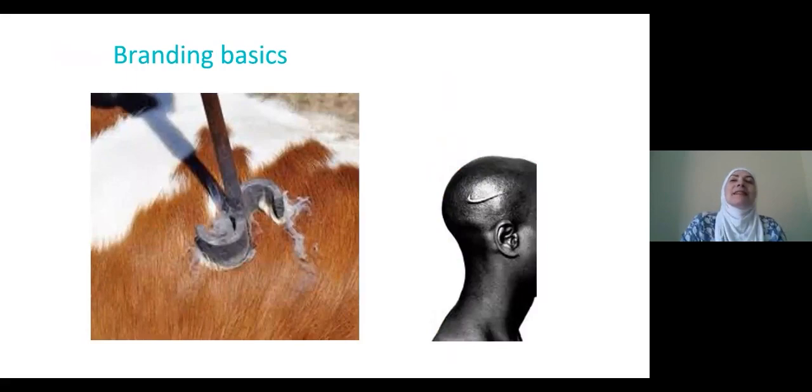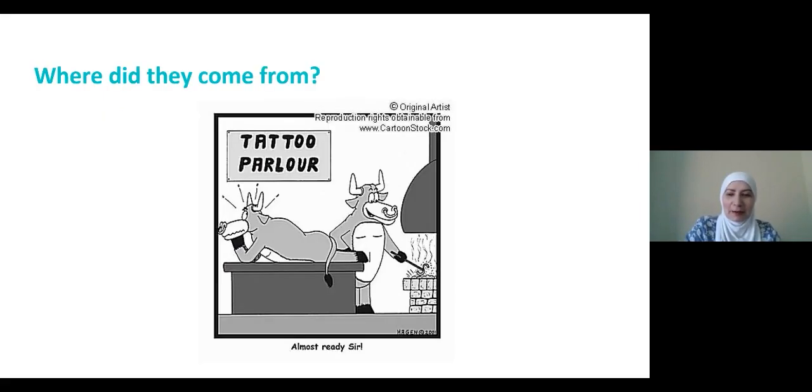So the basics, the start is that brand is a trademark for ownership, and they've been branding the cows, and then we started branding ourselves with these brands that we love. So the idea is that we tattoo it on ourselves.